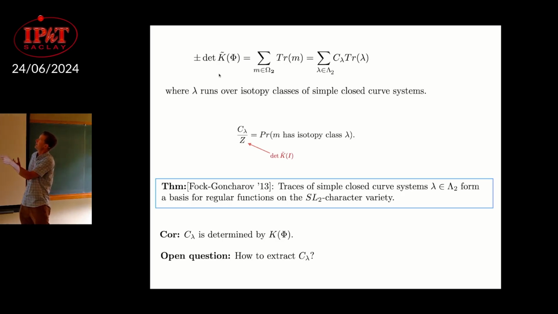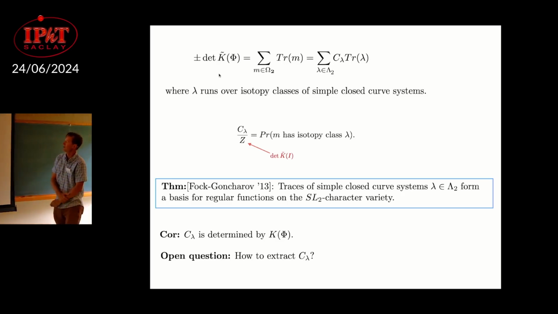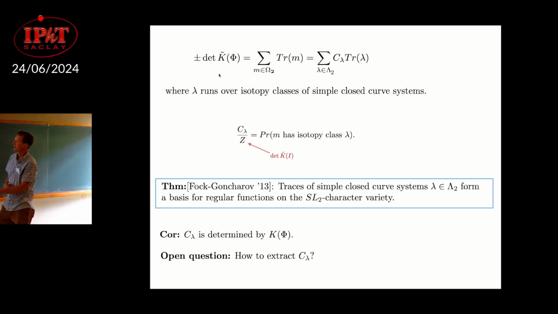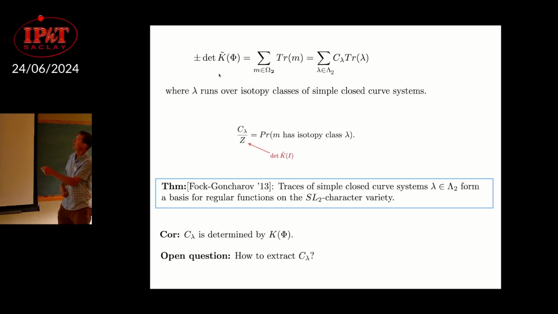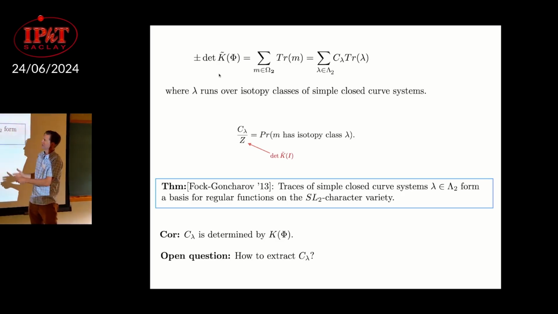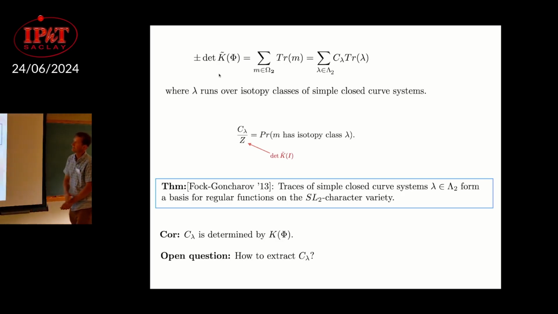So in principle, just by linear algebra, you can compute the coefficients. But it turns out to be a hard problem to extract the coefficients from such an expression, because there's some sort of infinite dimensional linear algebra which we don't really understand how to do in general.